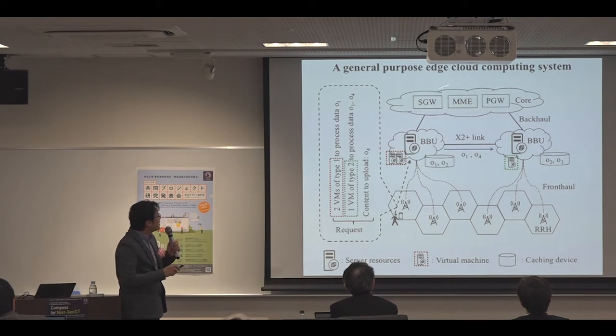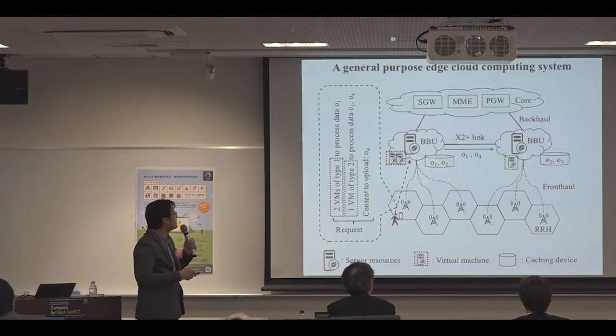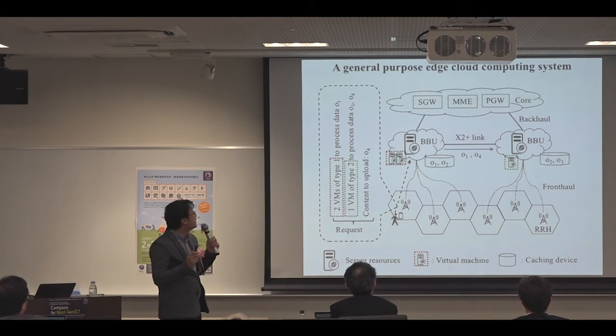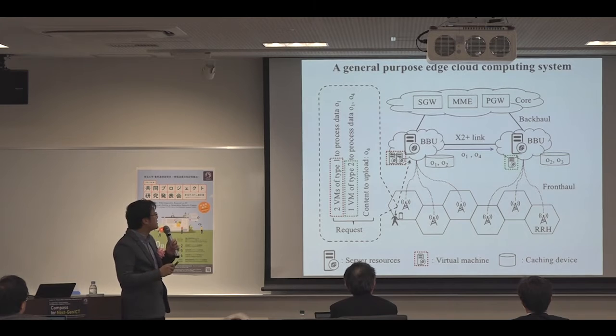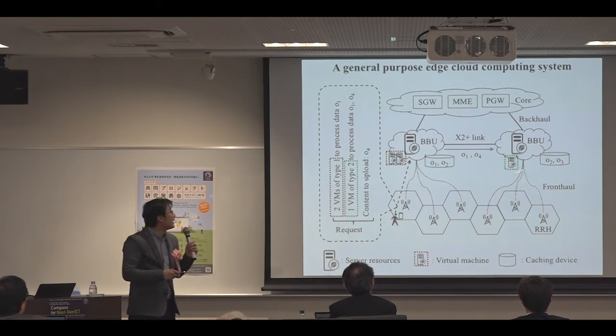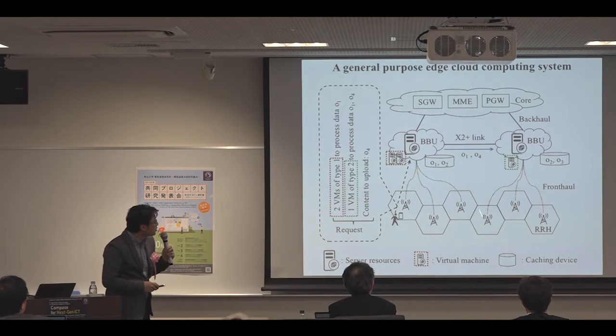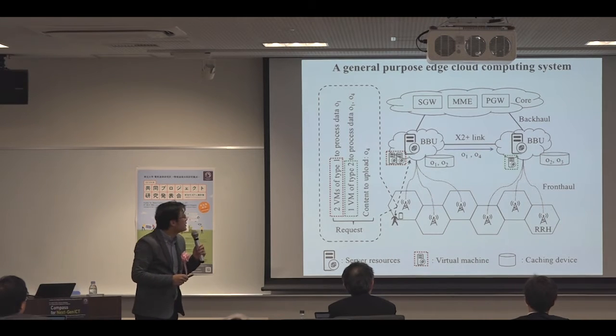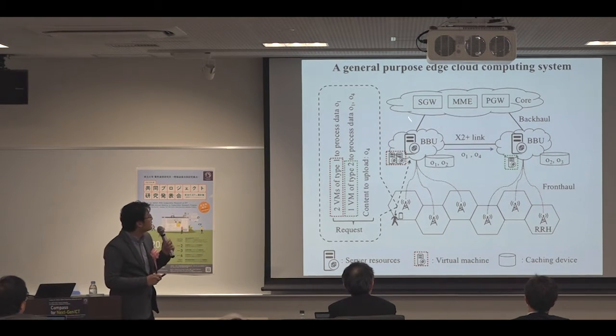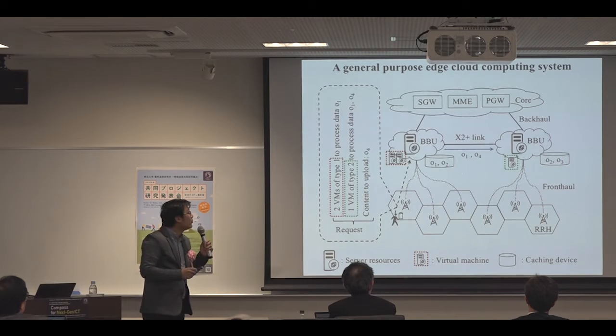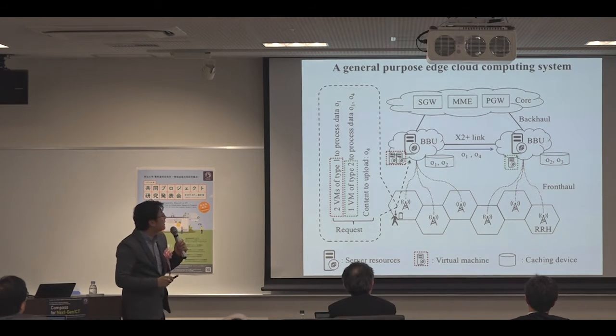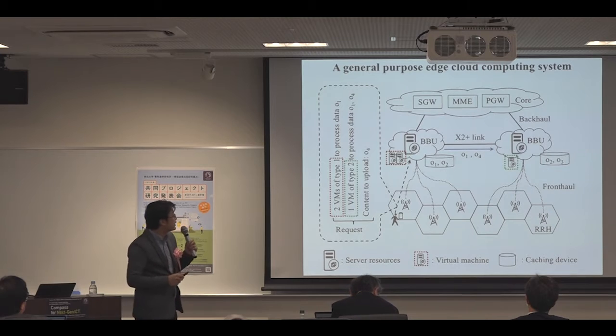This is a distributed edge cloud network architecture. It is a very popular architecture. The mobile carriers deploy the edge servers not in the base station, nor in the core network, but in the cloud RAN BBU pools between the core network and the base stations.